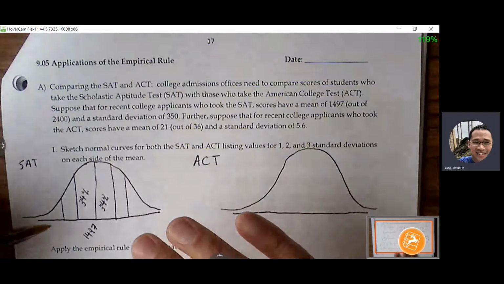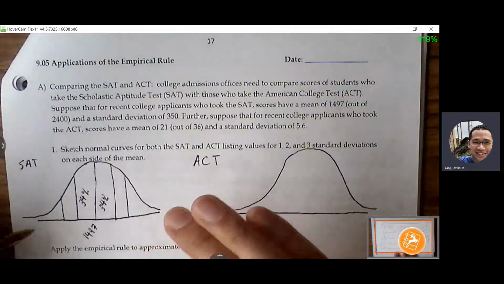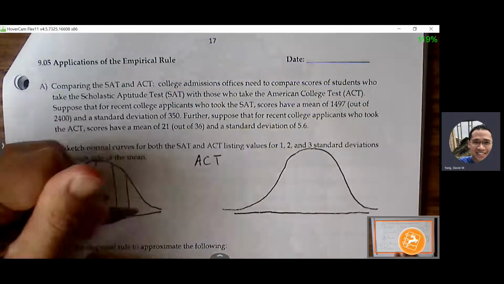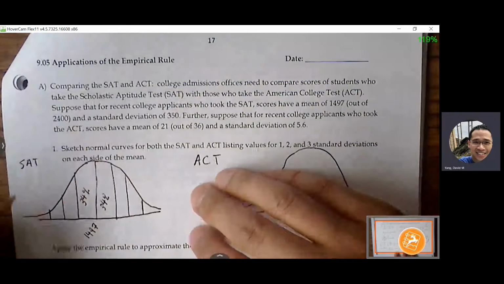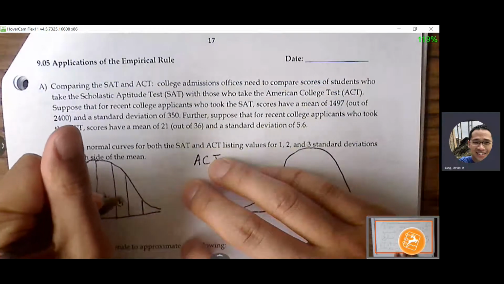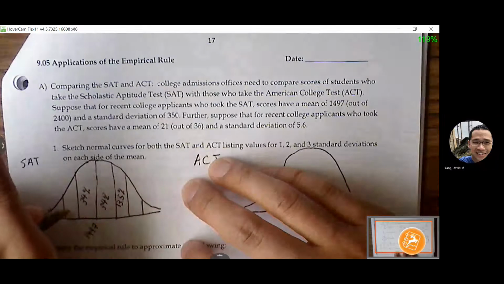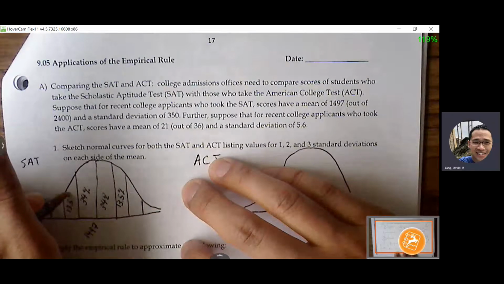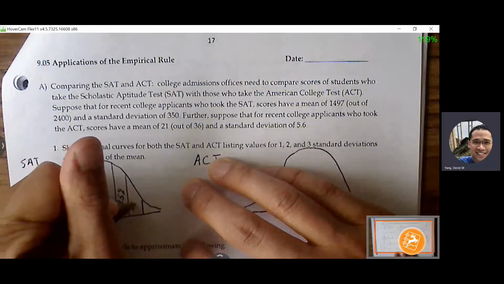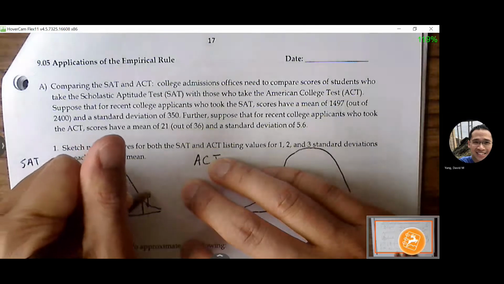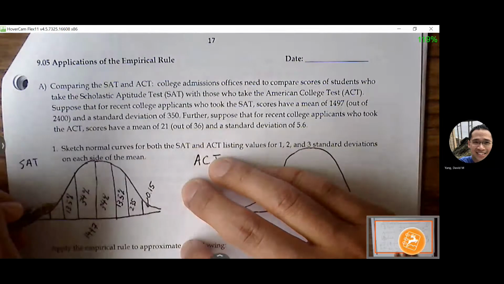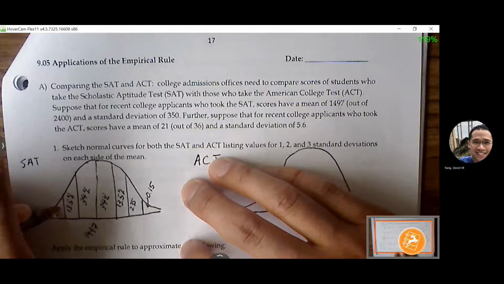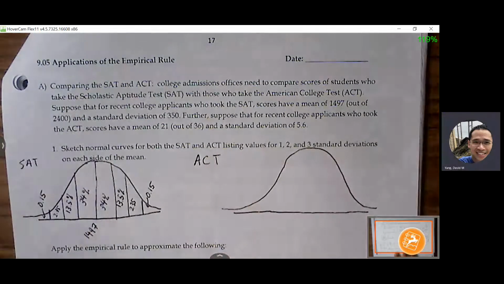And we're just going to go 3 standard deviations to the left and to the right of our mean. Okay, so 1497 plus 350.